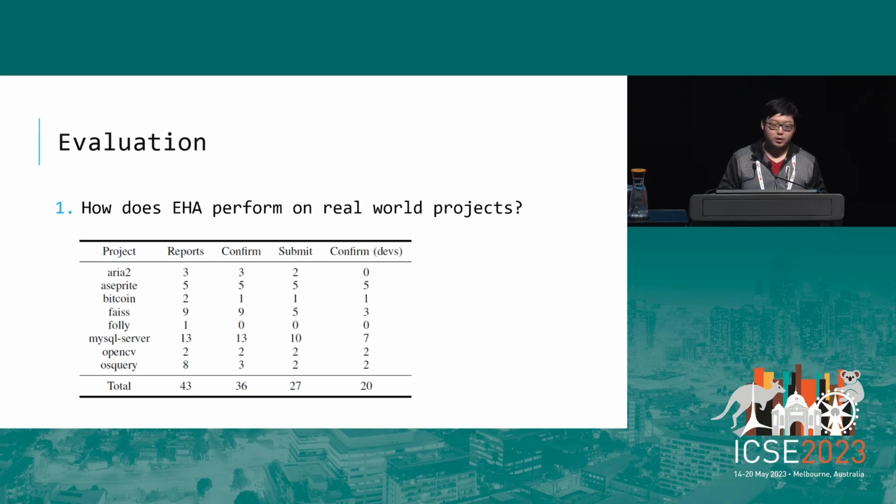First, how does EHA perform on real-world projects? We found 36 bugs in 8 popular projects from GitHub. Among them, 20 were confirmed by the developers. On these projects, EHA has a precision of around 84%.